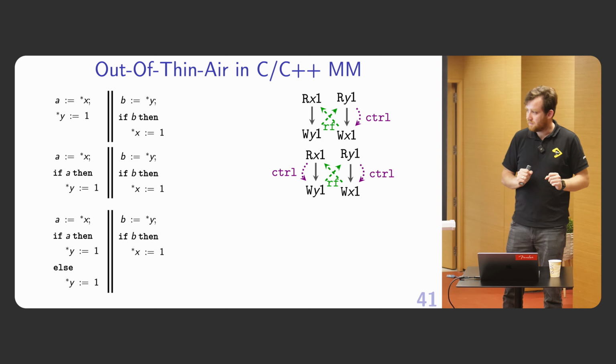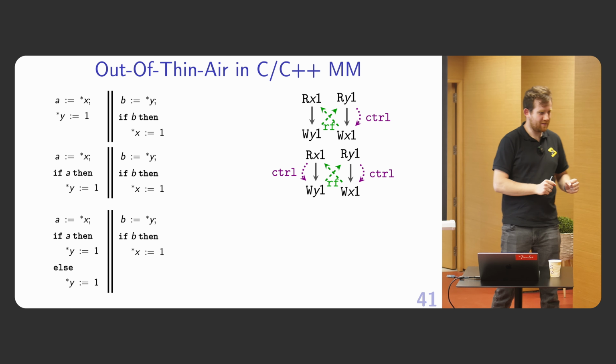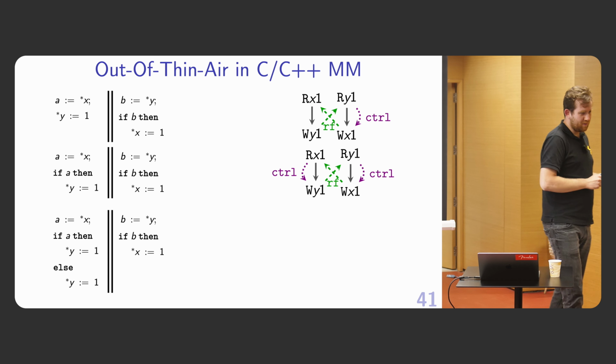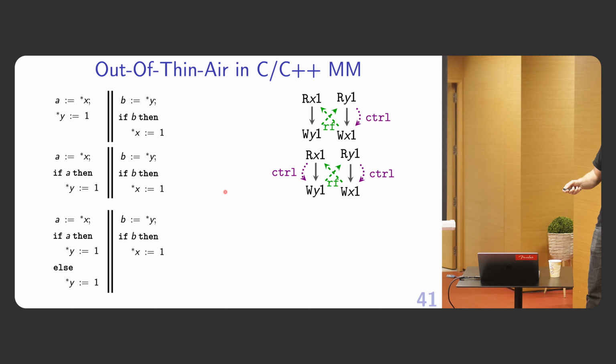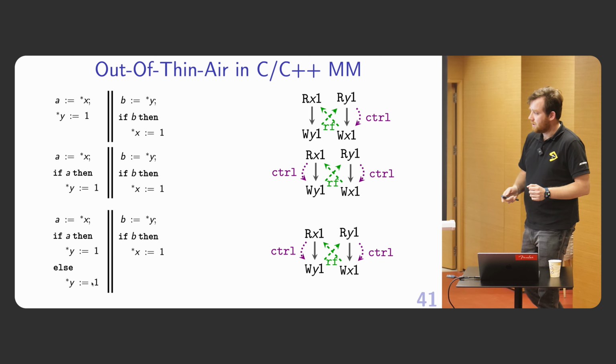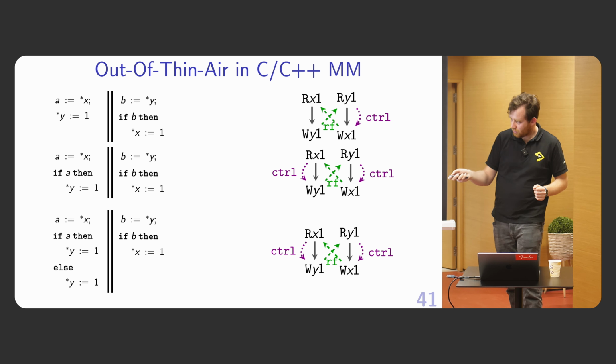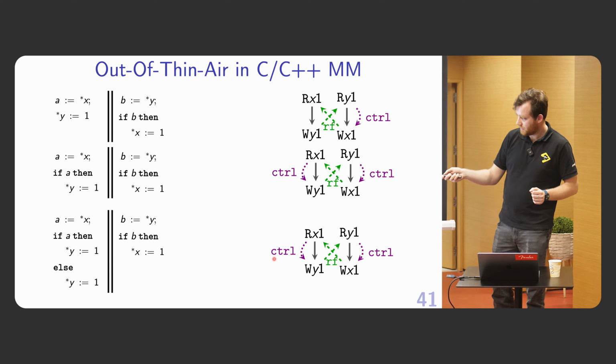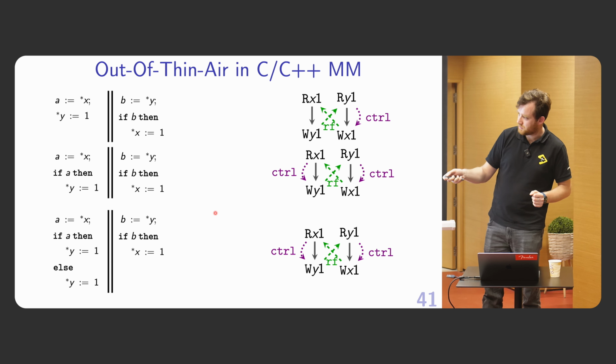However, there is a third program. In this program, in the left thread, we also have a control dependency from read to write, but we could also construct the same graph here. But what's the difference between this thread and this one? Who could say?